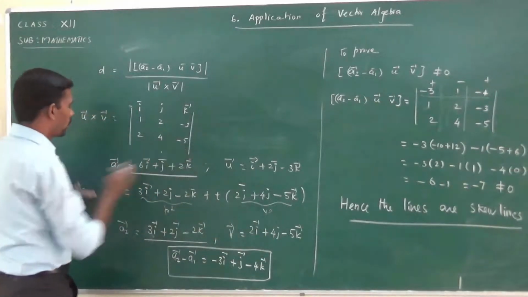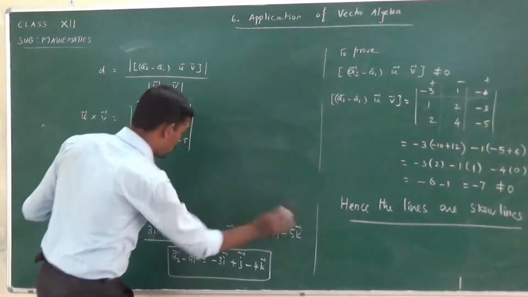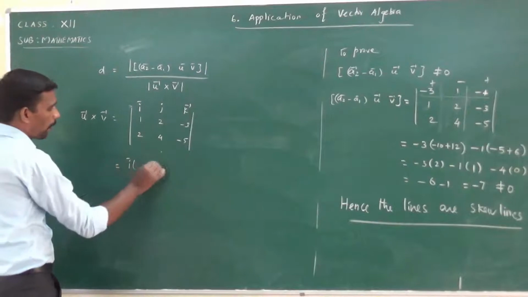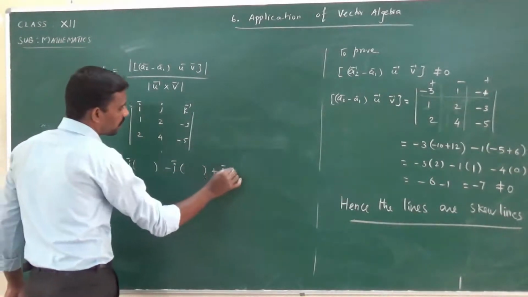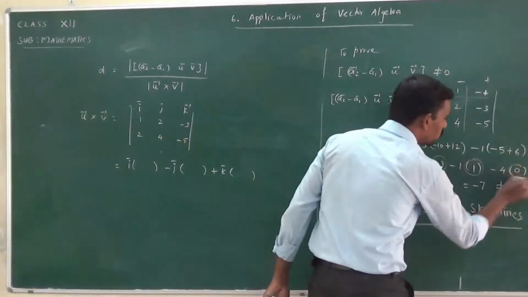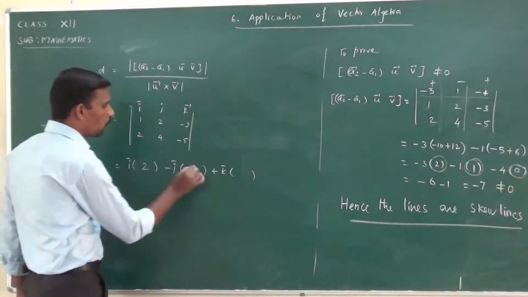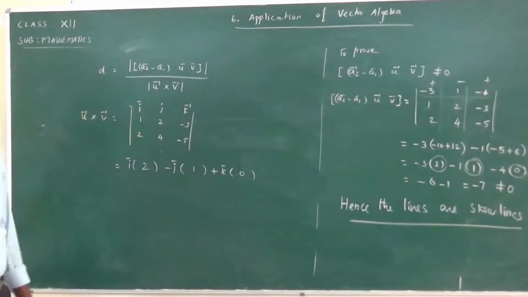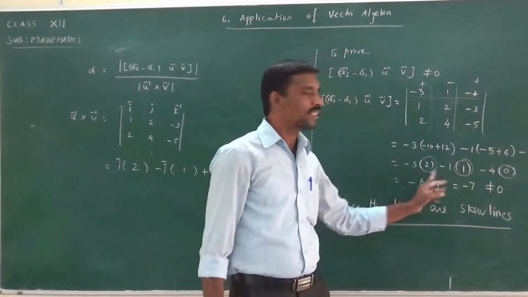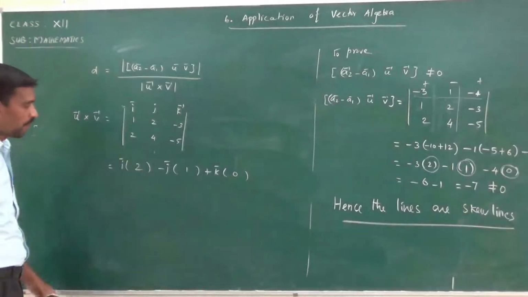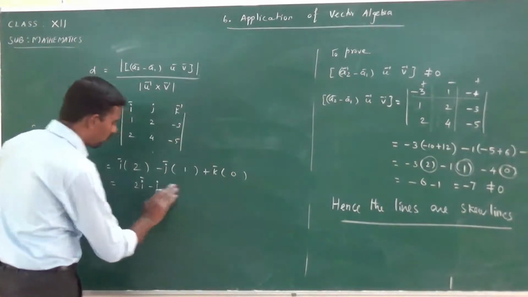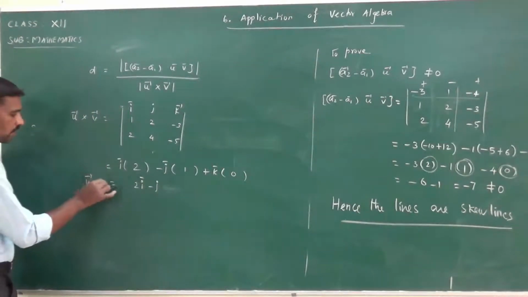Expanding, we get i vector, minus j vector, plus k vector, with the corresponding minors. This gives 2i minus j, and for k the value is 0, so leave it. This is u vector cross v vector.